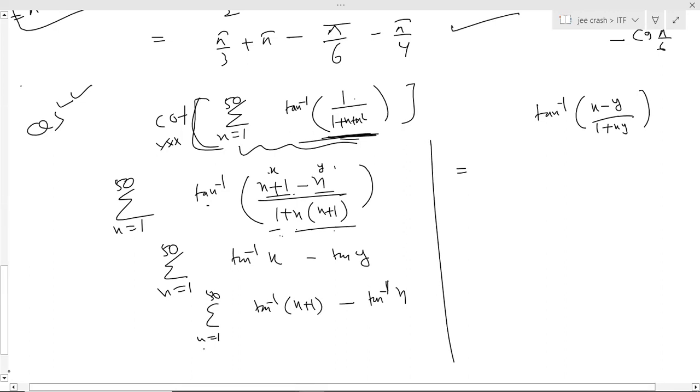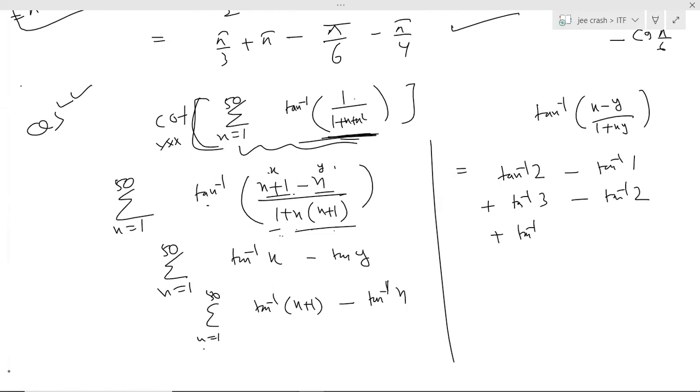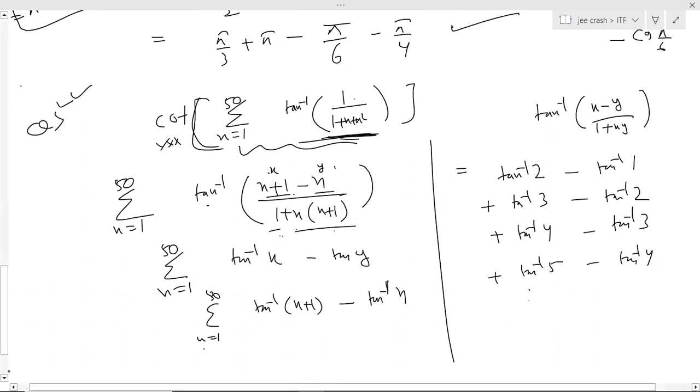Okay. Now let's see what pattern this becomes. If you put n equals to 1, this becomes tan inverse 2 minus tan inverse 1. And plus, if you put 2, this is tan inverse 3 minus tan inverse 2 plus tan inverse 4 minus tan inverse 3. Tan inverse 5 minus tan inverse 4.